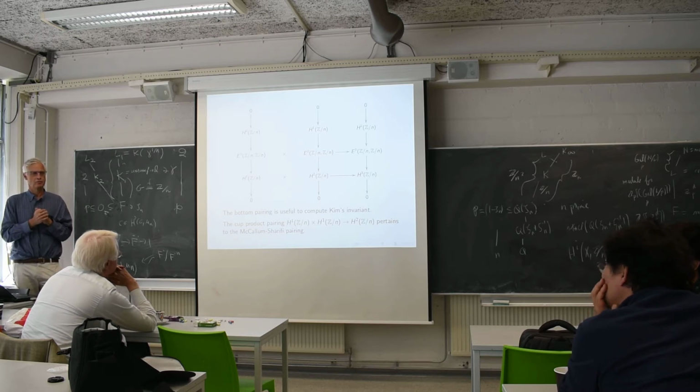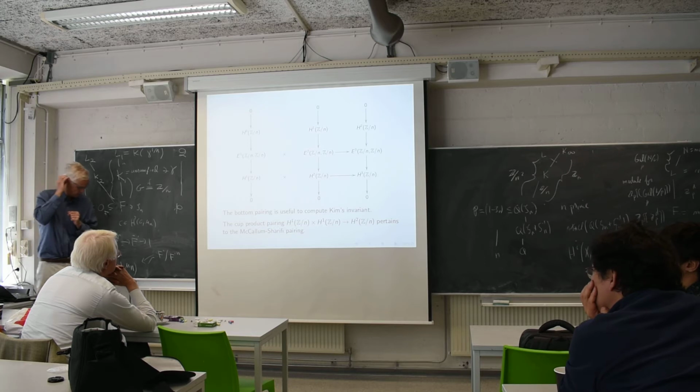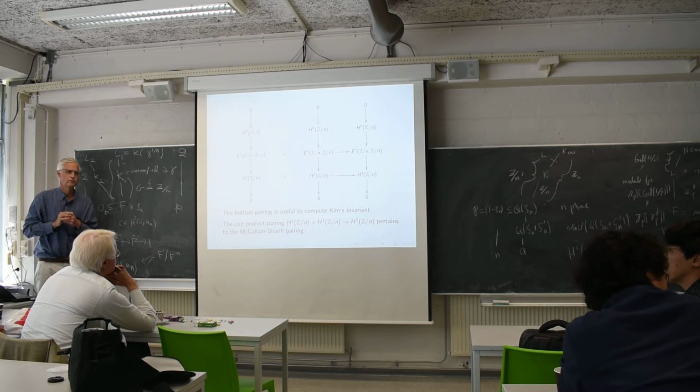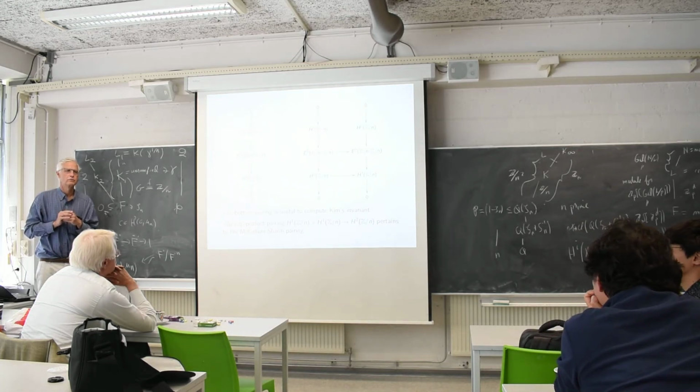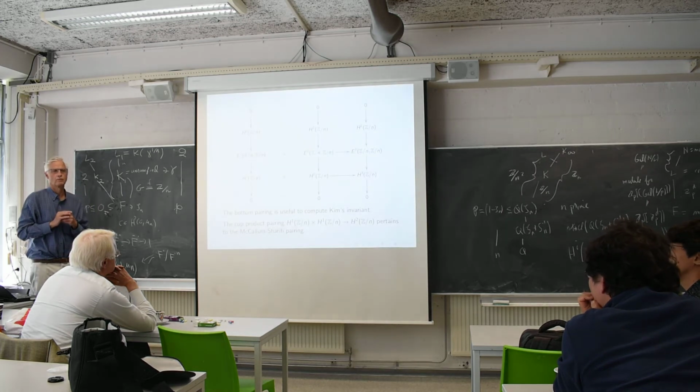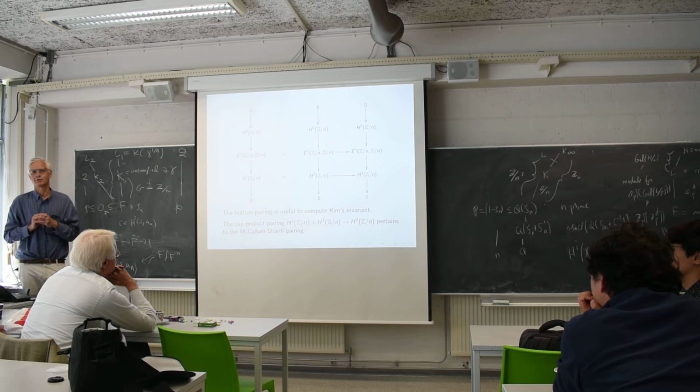In the examples that you dealt with, you had S4, Klein 4, C2, were you always able to realize the class in H3 that you wanted as a cup of something in H1 and H3? Yes, we always work with the cup products of H1 and H2. Those are more accessible, but absolutely, you're going to have to do something more.